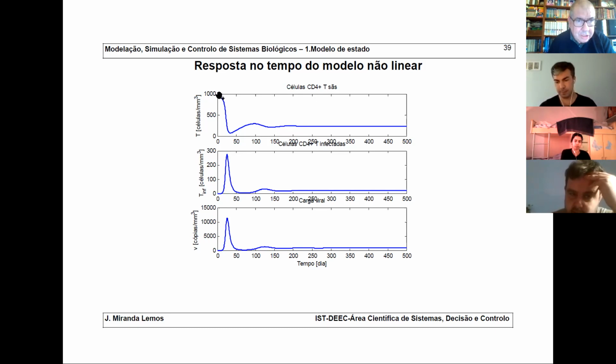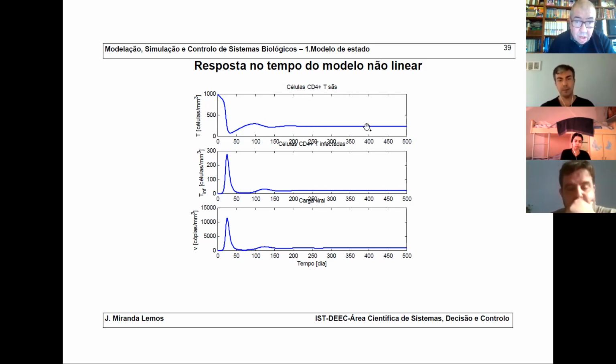Because you started having 1,000 T cells per microliter, and now you only have about 200 or something like that. So your immune system became tremendously weakened. What happens?